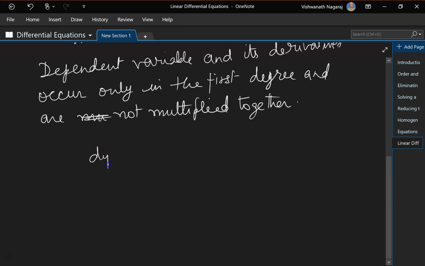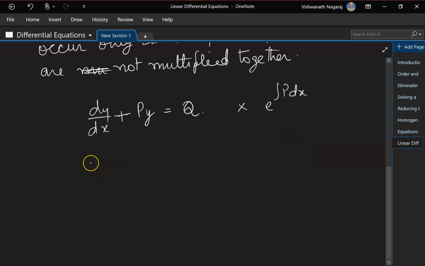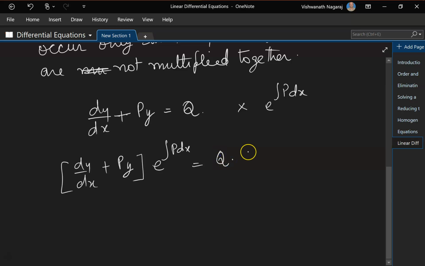Let's see how to solve such equations. We are given dy by dx plus py is equal to q. Now let's multiply this with e to the power of integral of p dx. So dy by dx plus py times e to the power of integral of p dx is equal to q times e to the power of integral of p dx.